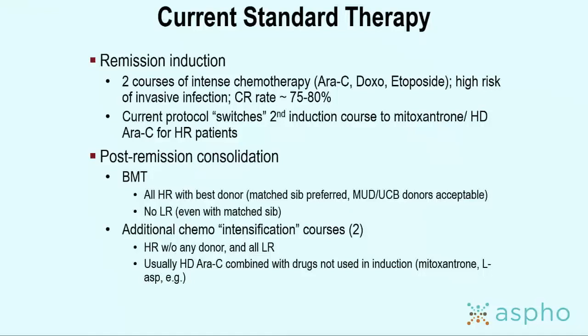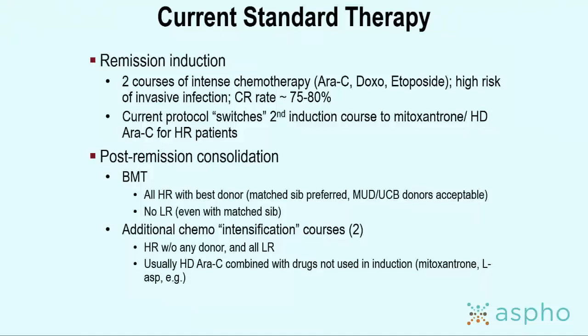For patients who don't go to transplant, they do receive additional intensification courses. The number of courses that patients receive has been anywhere from 3 to 5 in different clinical trials, most commonly 4, I would say, the 2 induction plus 2 post-induction courses. I don't think that is all that important to know. This, again, would be in any high-risk patient that doesn't have a donor available or can't go to transplant, and all low-risk patients.